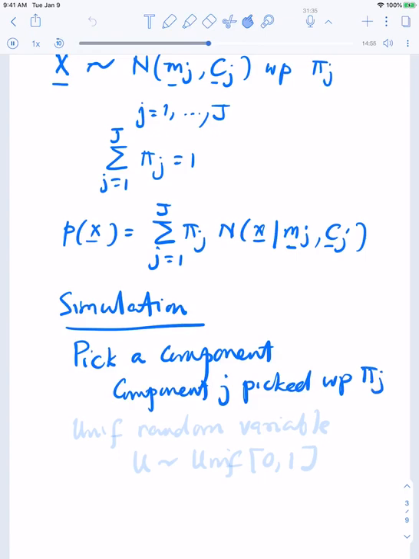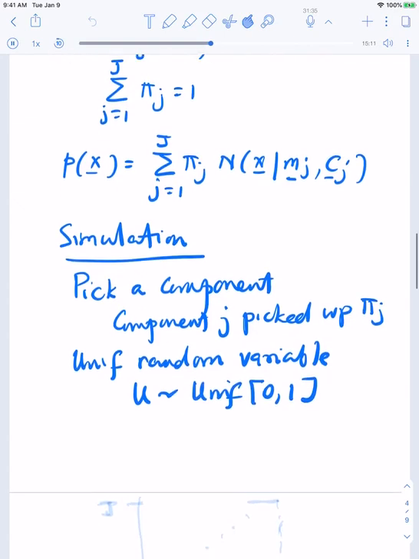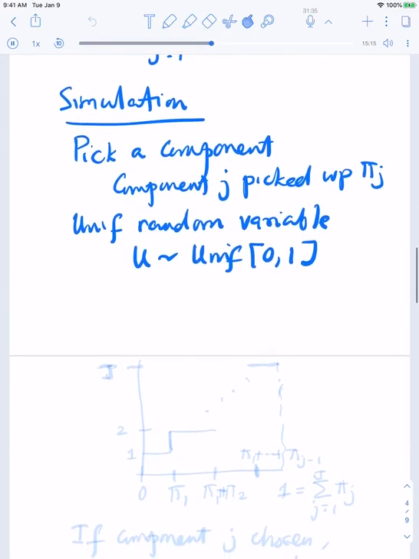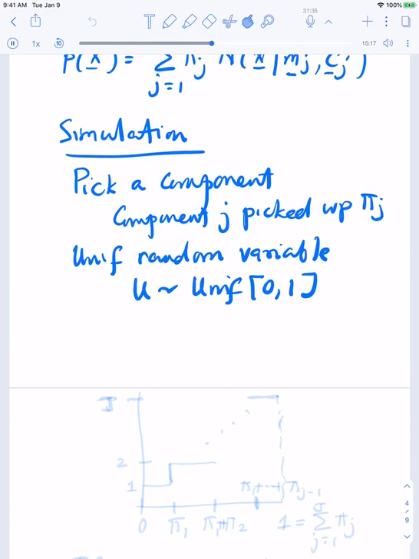Well, you basically generate a uniform random variable U, uniform over the interval, say 0 to 1, and then you just divide up this interval to get the probabilities.